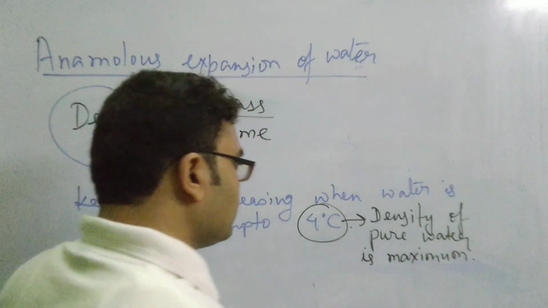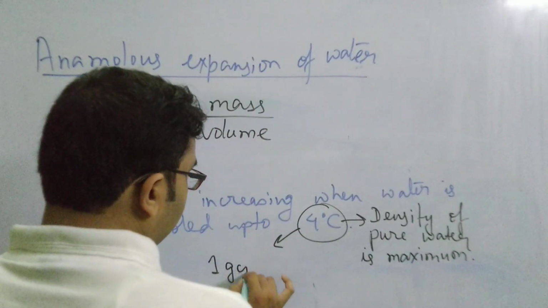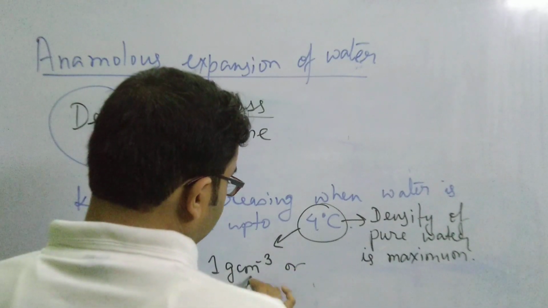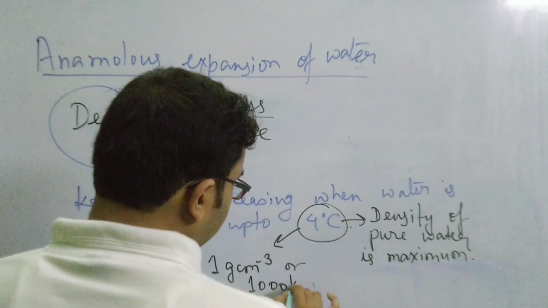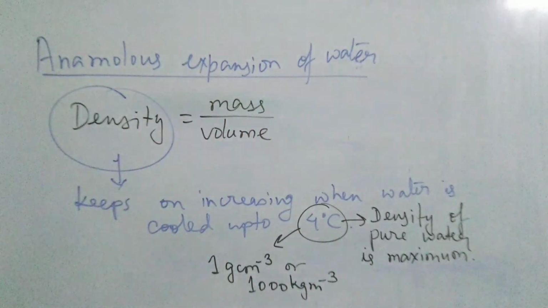The value is 1 gram per centimeter cube, or you can also say 1000 kg per meter cube. This is the density of water, and this maximum value occurs at a temperature of 4 degrees centigrade.